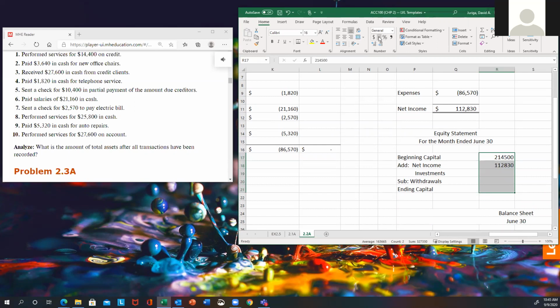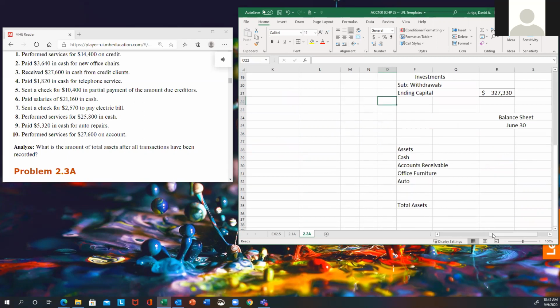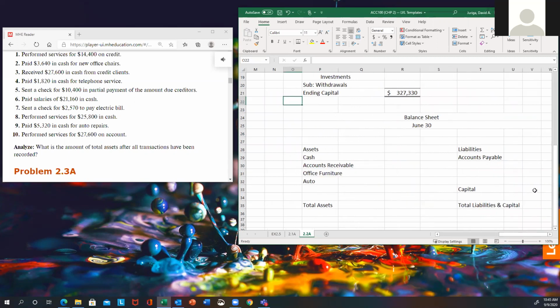So that was it on your equity. So if I net these, we get ending capital to be right at 327,330. And that should be the balance, the 327,330, that should be the balance on your balance sheet.